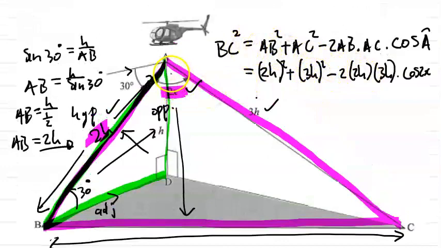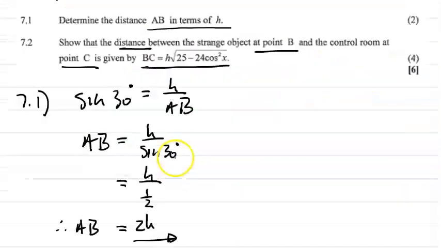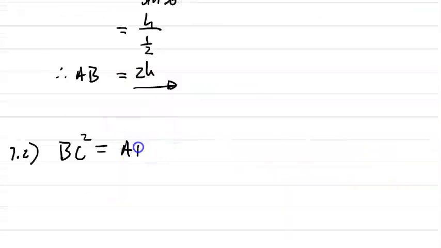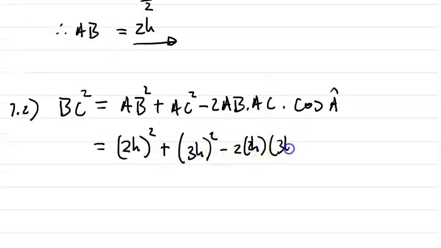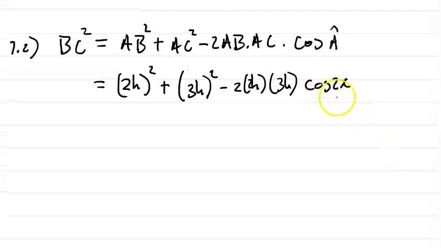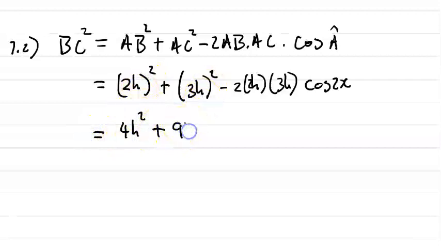We've got two included sides, then we're going to use the cosine rule, which is as follows. So therefore, the formula would be BC squared. So if you look very carefully, don't forget cos of 2x is a double angle, and we'll deal with that a little bit later on. 2h all squared is going to be 4h squared plus 3h all squared is 9h squared.